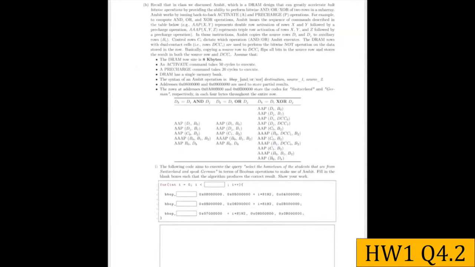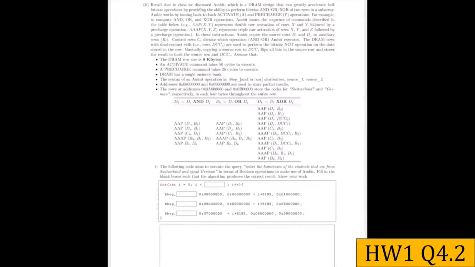it's about Ambit. So it says here that we discussed Ambit, which is the RAM design that can greatly accelerate bitwise operations, with the ability to execute AND, OR, and XOR of 2 rows in a subarray. So it's saying that Ambit works by issuing back-to-back activate and precharge operations.